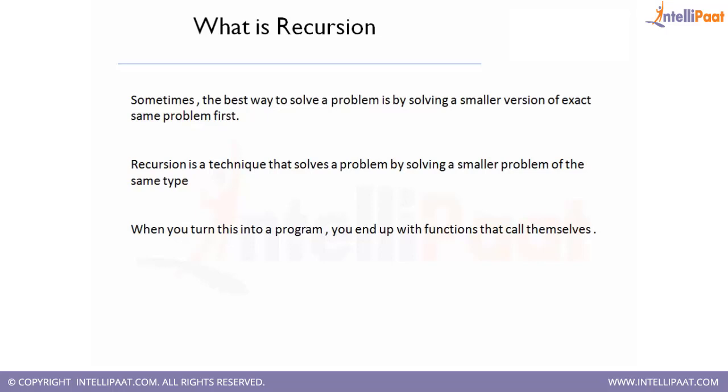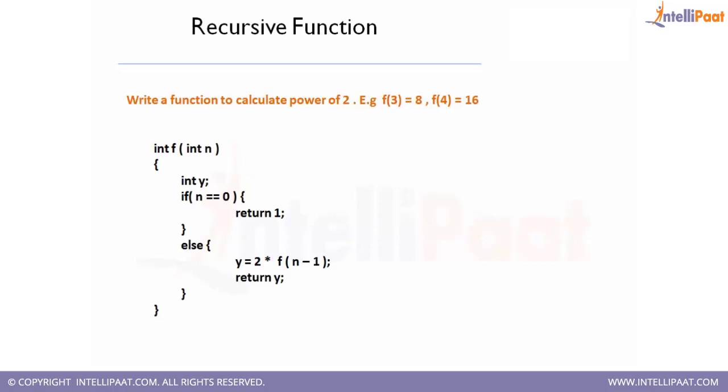So let me repeat it. A function calling itself is a recursive function. So let's take an example of a recursive function. Here I am giving you a problem: write a function to calculate the power of 2. So you write a function f, and you will be giving a number as an argument, and you need to compute 2 to the power of that number.